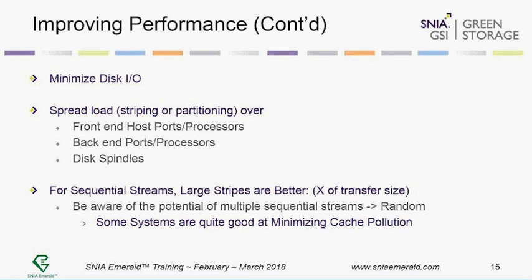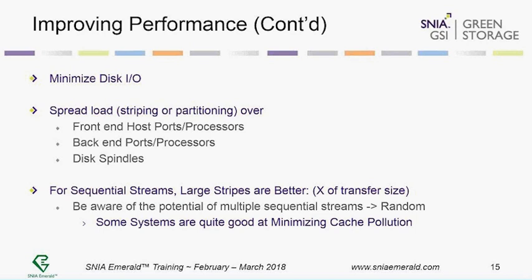One of the most effective means that we employ to increase the performance of the storage is to spread the load over the resources that are out there. And that can mean more front-end I/O ports, more back-end I/O ports, or simply more disk spindles. The more resources we have to bear to handle the I/O demand, the faster the performance will be.